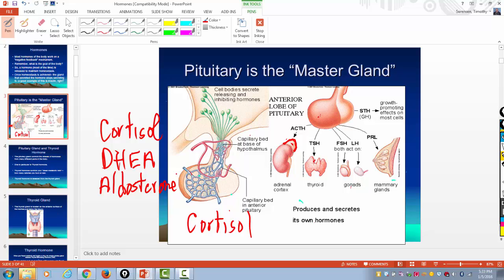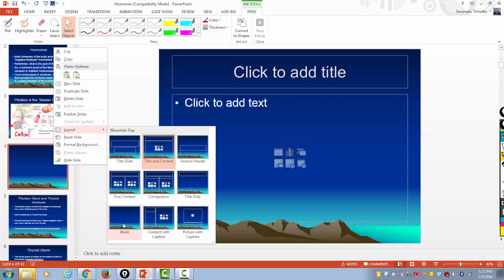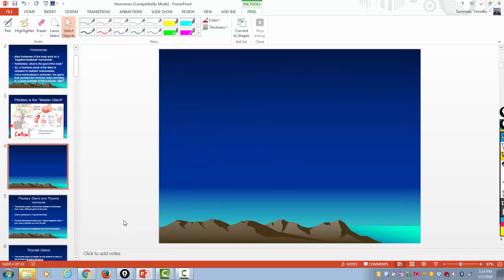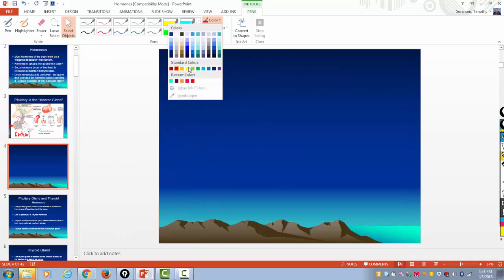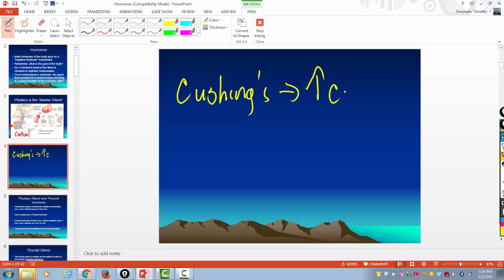So how I like to think about it is this way. If you have a cushion, a cushion of money, you have extra money. So in Cushing's disease, you have an excess amount of cortisol, DHEA, and aldosterone.